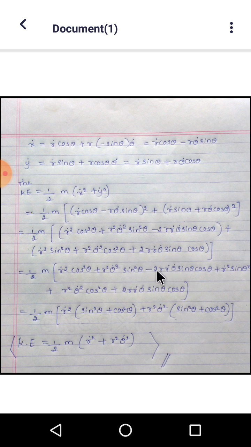Next, this is minus and this is plus, both are the same, so cancel this. So the kinetic energy equals 1/2 m (ṙ² plus r² θ̇²), because sin² θ plus cos² θ equals 1.